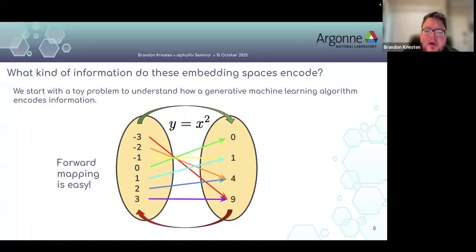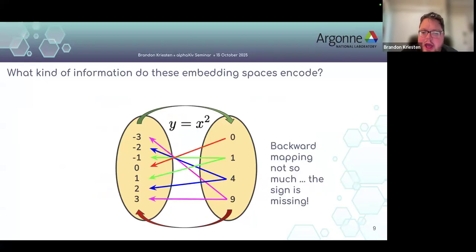I can explain this through the language of a toy problem, for instance. Let's say you have y equals x squared, and we want to understand how to do the forward mapping, which is very easy. I give you integers from -3 to +3, and you know how to square them, and it gives you y, and that's fine. This forward mapping is very well defined, very simple. But what happens if I want to start with y and go backwards and find the x's that give me that y?